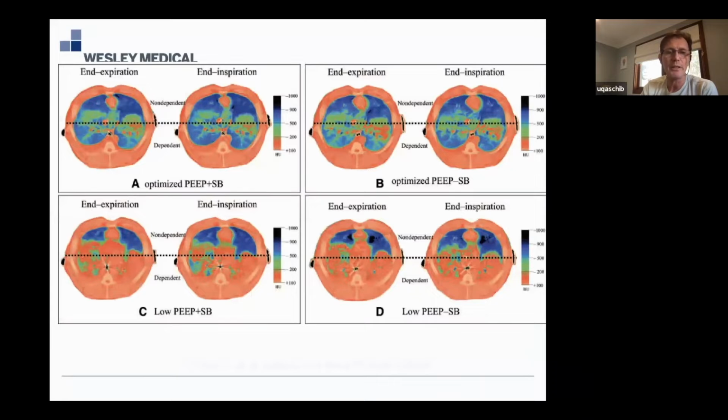That's just a summary: when you have optimized PEEP with or without spontaneous breathing, the blue-green looks more homogeneous, and as soon as you lower your PEEP, you lose this homogeneous distribution. The imaging technology is helping clinically to adjust your PEEP to the right level.